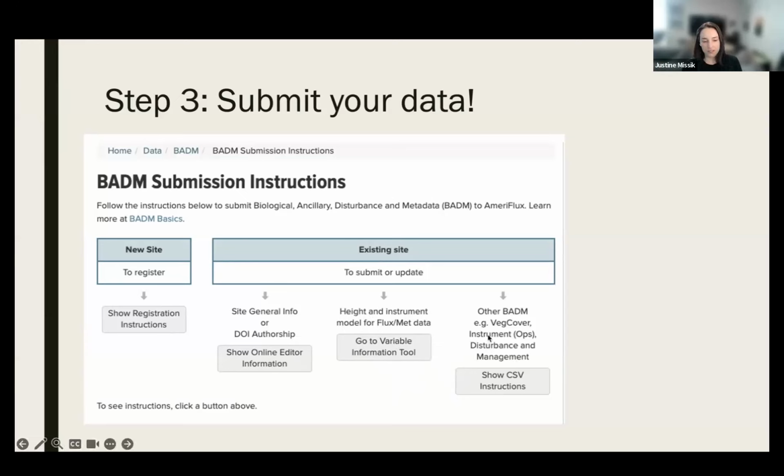And then there's another template you go through if you're submitting things about site disturbance or management, or more detailed things about instrument operations. And so all of those instructions are there in the website.